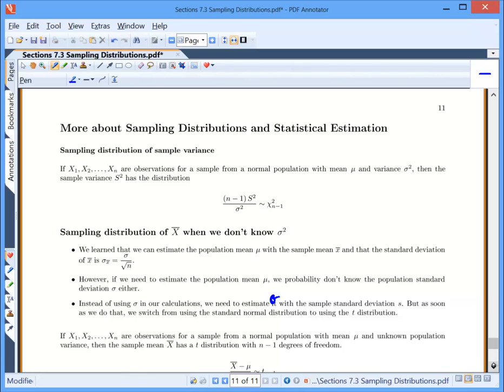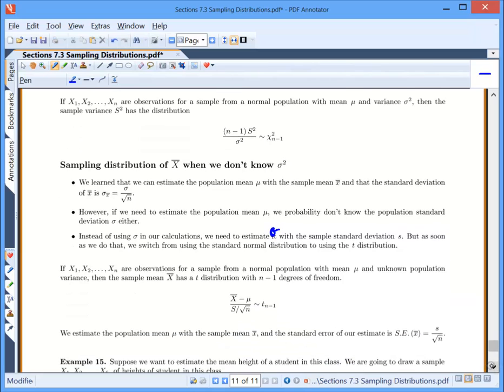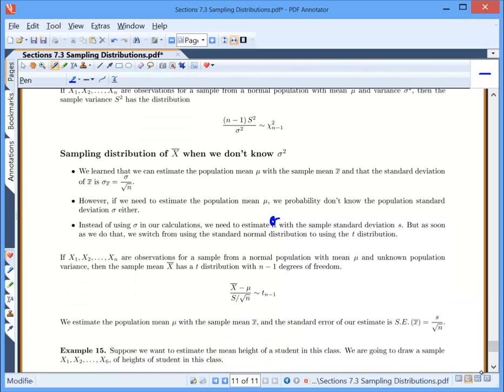We talked about the t distribution once before. And so what happens is if x1 through xn are observations for our sample from a normal population with mean mu and unknown population variance, then the sample mean, once you standardize it, has a t distribution with n minus 1 degrees of freedom. And you're going to standardize it by x bar minus the population mean over the sample standard deviation over the square root of n.